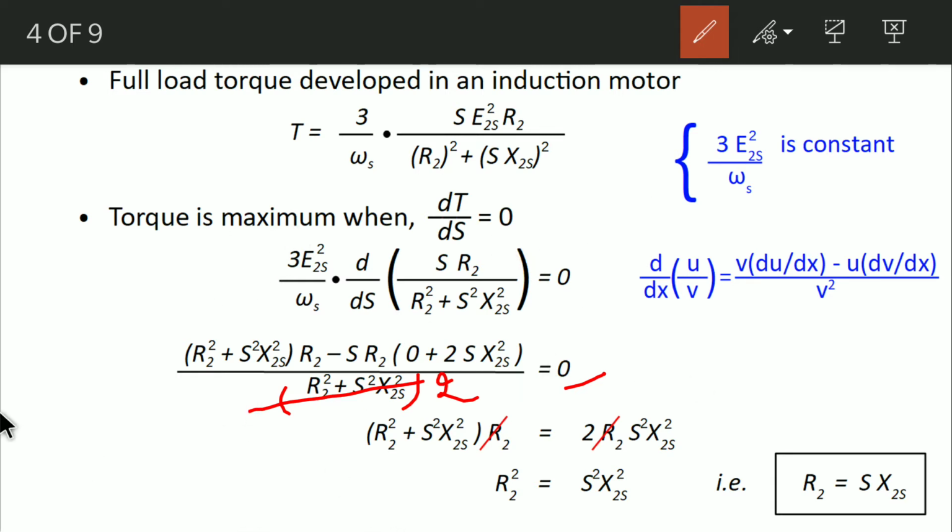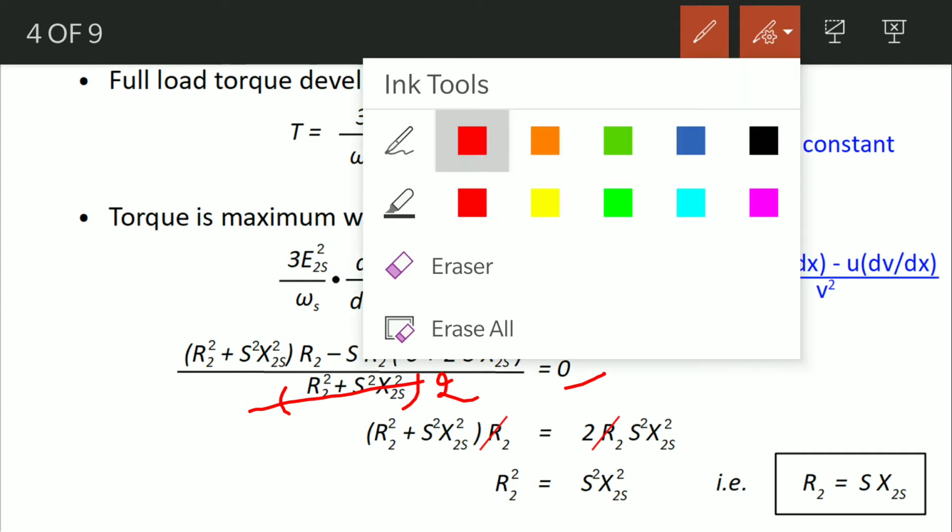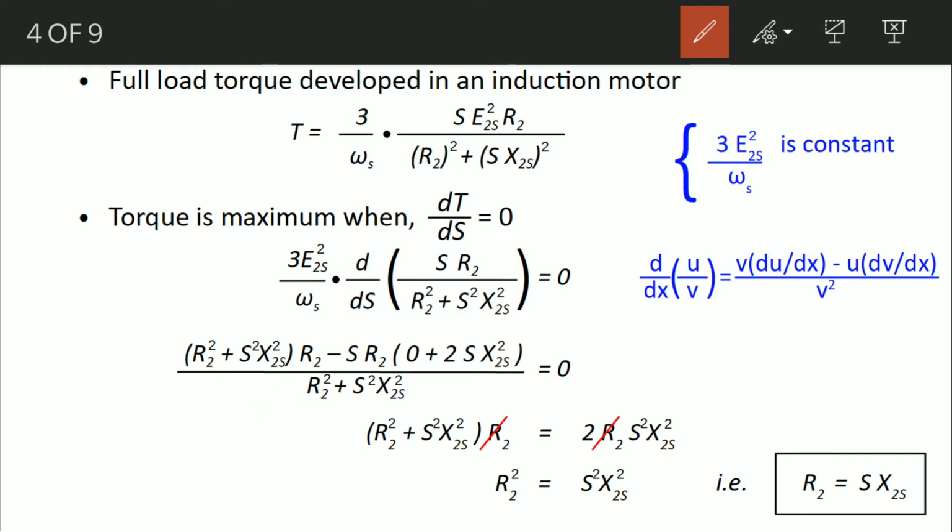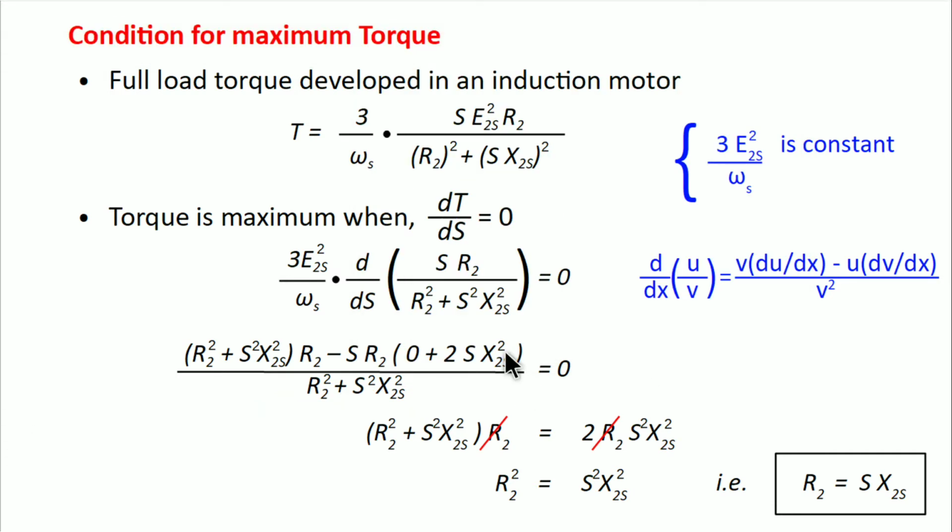Now what we are left with is R2 square plus S square X2S square multiplied by R2, this term, and this term multiplied by 0 is 0, and this multiplied by this becomes S into 2S square R2 X2S square.